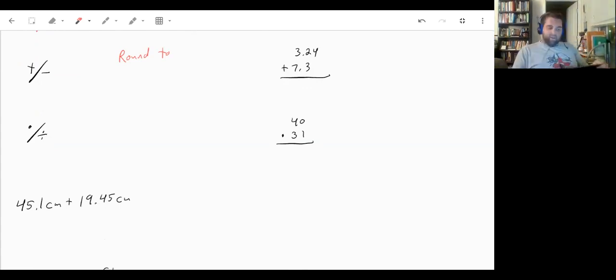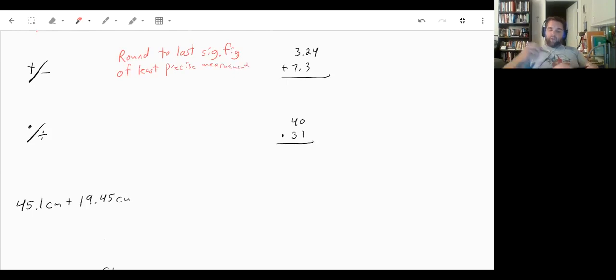So what does that mean? Round to last sig fig. I'm going to just say significant figure, sig fig. Round to last sig fig of least precise measurement.